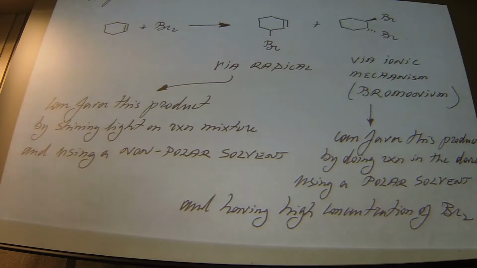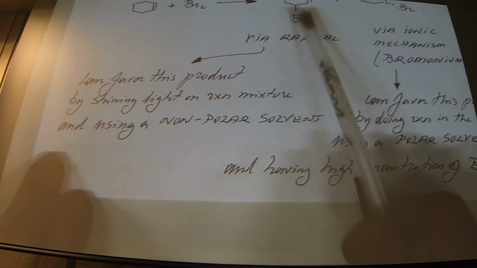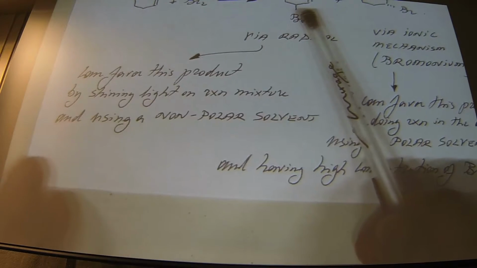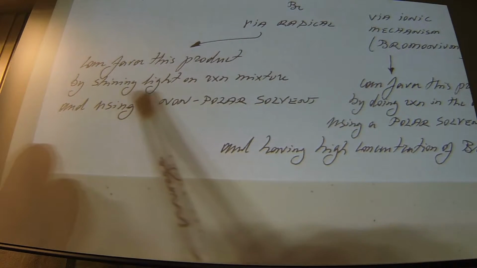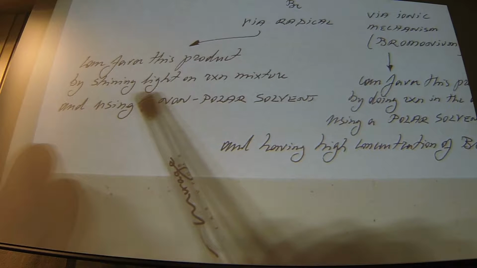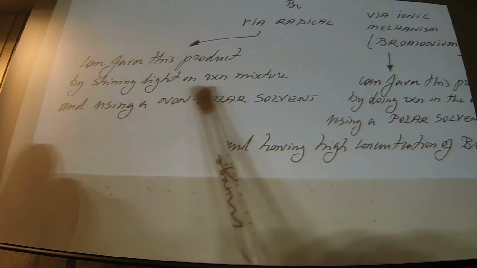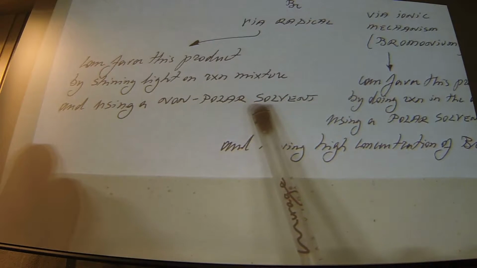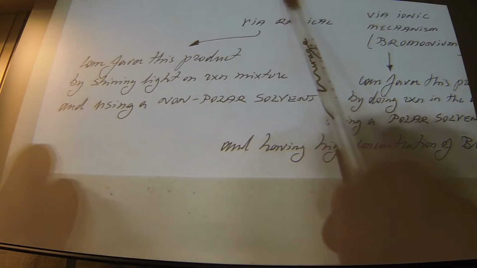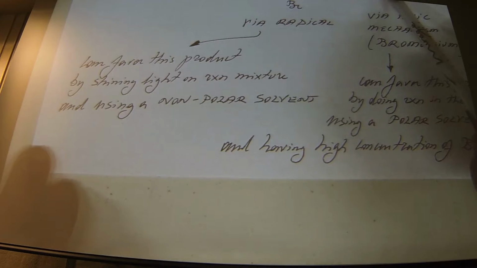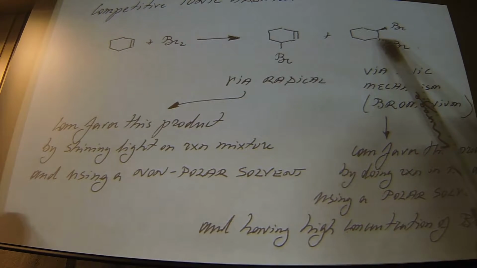So those reactions are going to be insensitive largely to polar effects of the solvent. So if I want to get the radical process, now I've got to do something different. I've got to shine light on the reaction vessel to initiate it, and I use a non-polar solvent, not because that favors the radical, but because it disfavors the ionic process, okay?